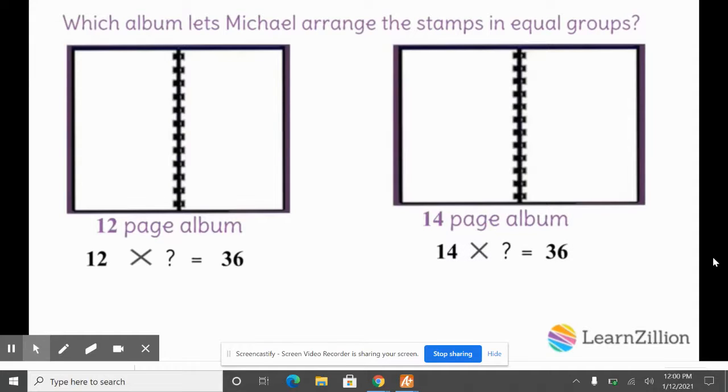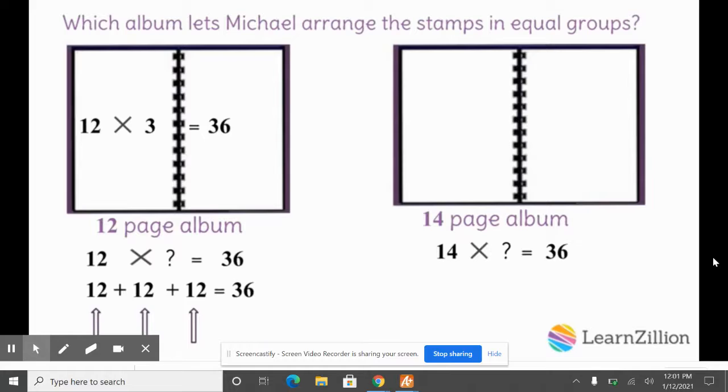Can you do that as a division? To do that, we will add 12 plus 12, and then add another 12, which is 36. So we take 3 groups of 12 to equal 36. So we will connect the 12 and put an equal number of stamps on each page.